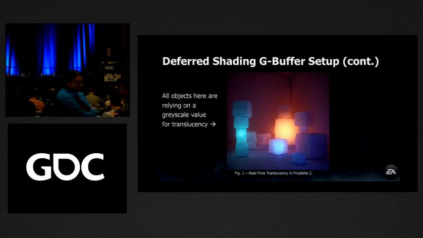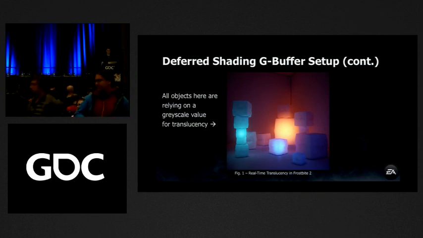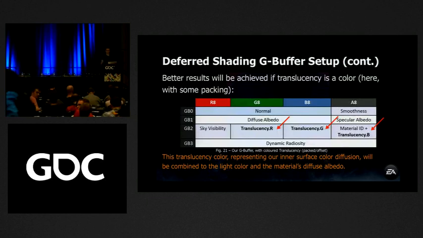Thank you. So I think I might have just missed this, so it's a silly question, but how did you get the material ID when you're storing the translucency inside of the G buffer? Well, we have several material IDs. The last one is the translucency one.